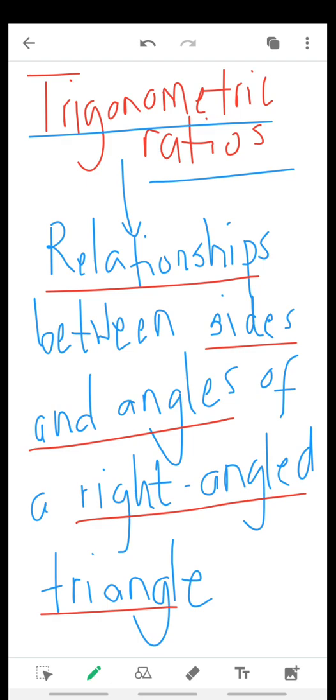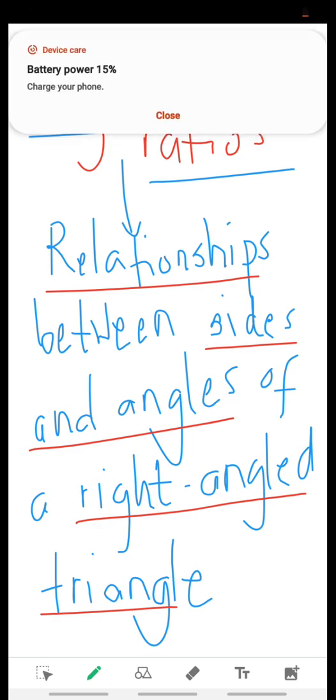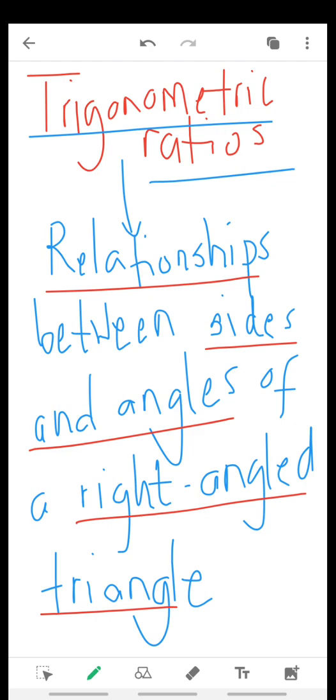Remember, we have three sides, three angles. So when I want to relate maybe two sides and one angle, or two angles and one side, those are relationships. It's like a relationship between a boy and a girl. That is the same thing that is happening here. We are just relating the sides and the angles of a right angle triangle, and these are the relationships that we call trigonometric ratios.